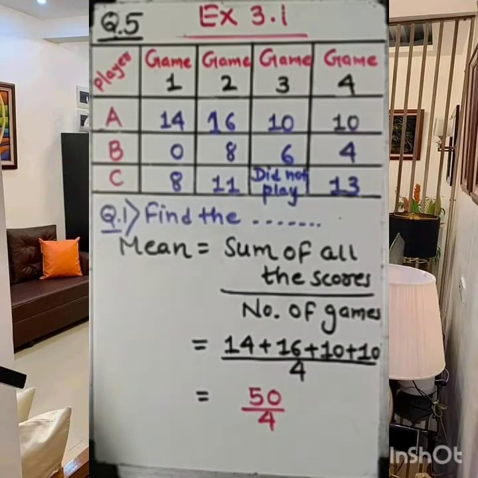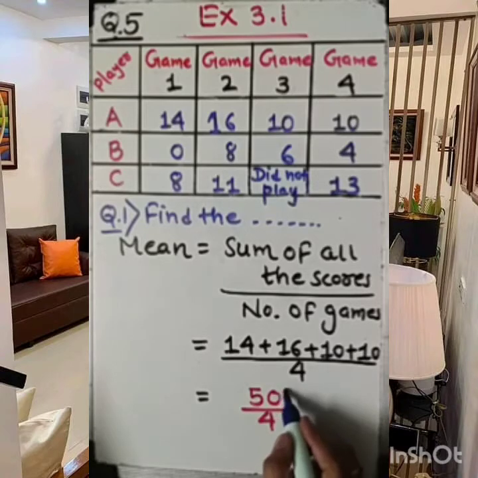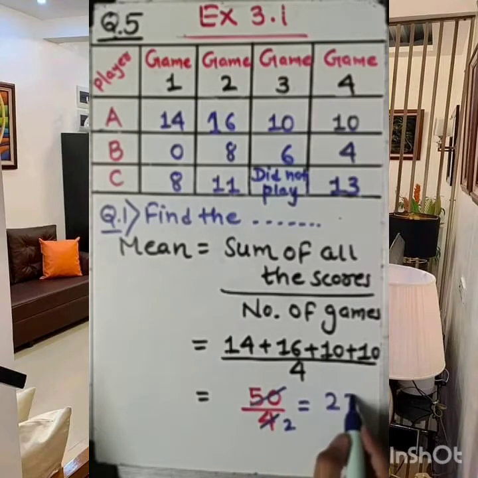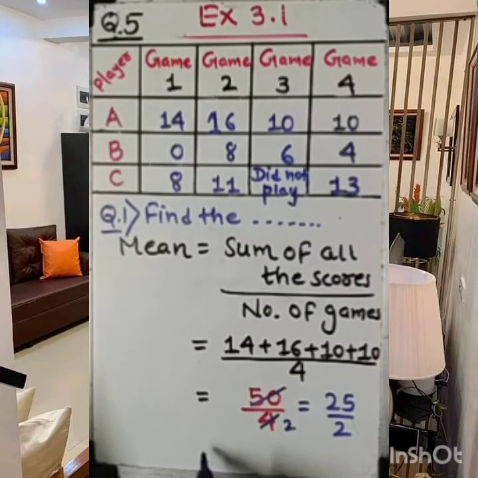50 divided by 4. You know very well, dear student, 50 divided by 4, if I simplify, it will go with the 2. So the answer will be 25 divided by 2. If I want to convert this 25 divided by 2 into decimal, then half of 25 gives the result 12.5.